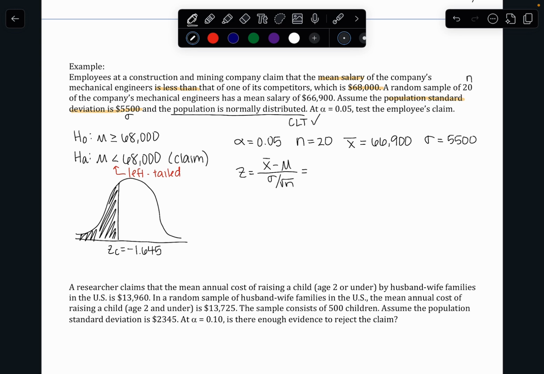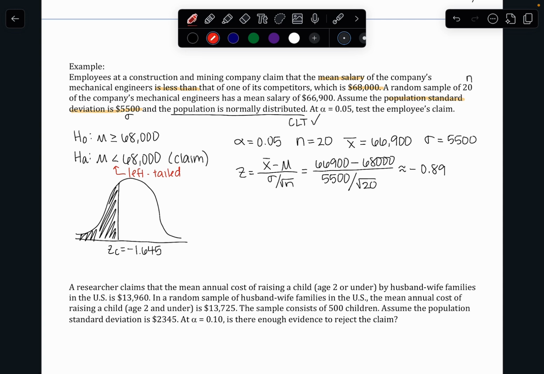So plugging everything in, we have 66,900 minus our mu, which comes from our claim, so 68,000, divided by standard deviation of 5,500, divided by the square root of 20. If you plug that in your calculator, you should get approximately negative 0.89. Remember, z-scores, we always round to 2 decimal places, or the nearest hundredth.